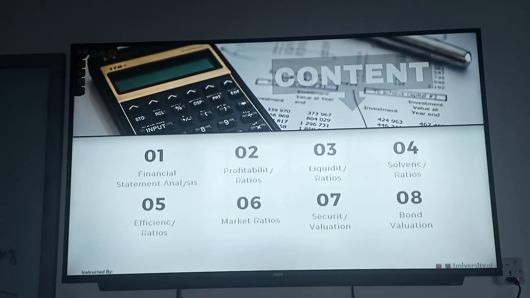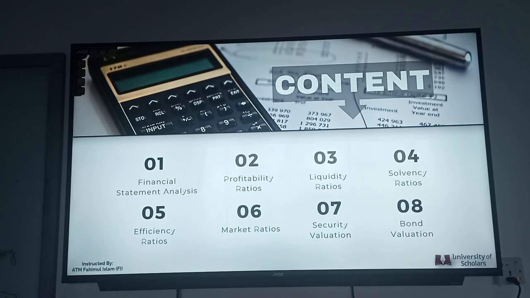We will discuss financial statement analysis, then we'll move on to profitability ratios, followed by liquidity ratios, solvency ratios, efficiency ratios, market ratios, and finally security and bond valuation.